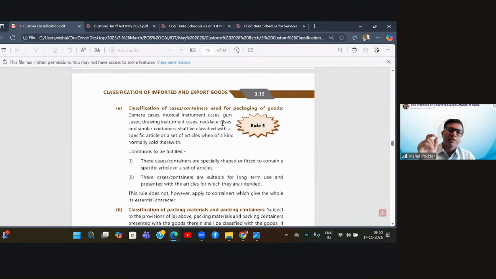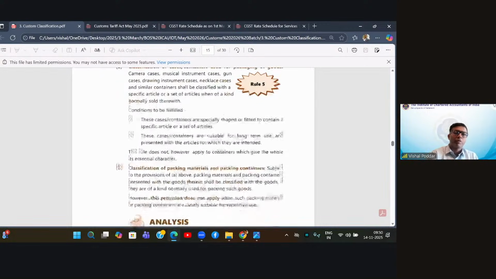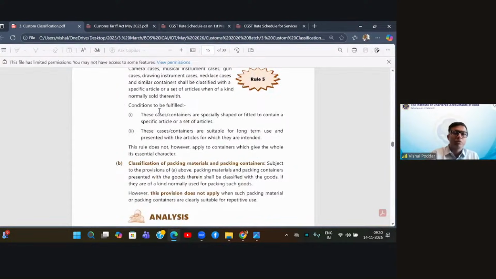So where a container is concerned, what conditions are to be fulfilled before you apply this rule? These cases or containers are specifically shaped or fitted only to hold or contain those specific articles. So you see the shape, the gun holder, your guitar case, the shape is such that only a particular thing can fit, like only a guitar can fit, no other thing.